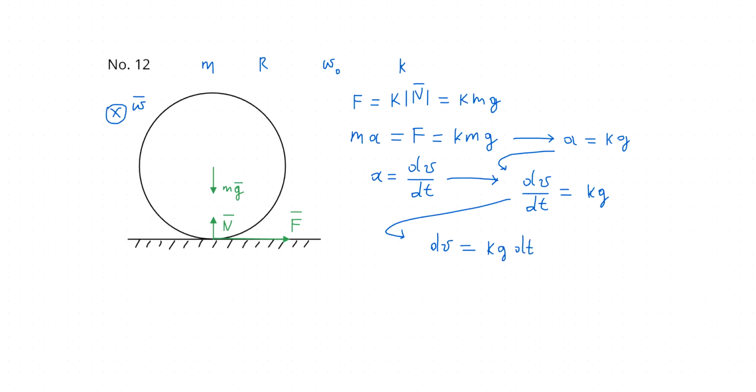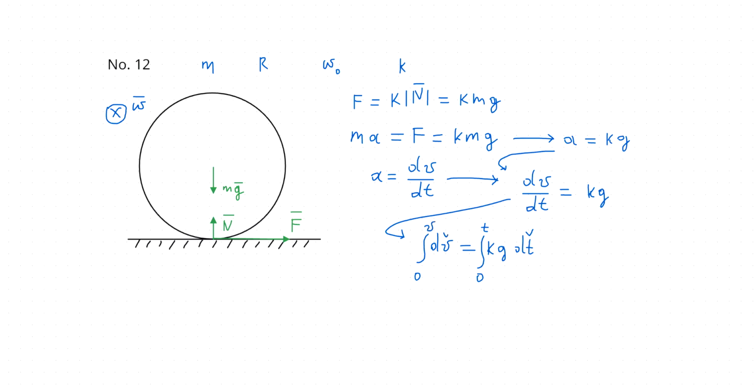When variables are separated, we can integrate this equation. The lower limit will be 0 and 0, and the upper limit will be t and v.